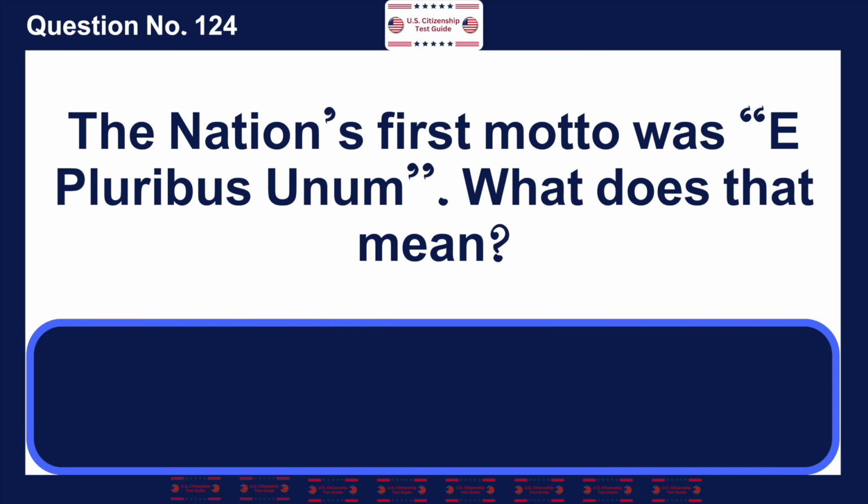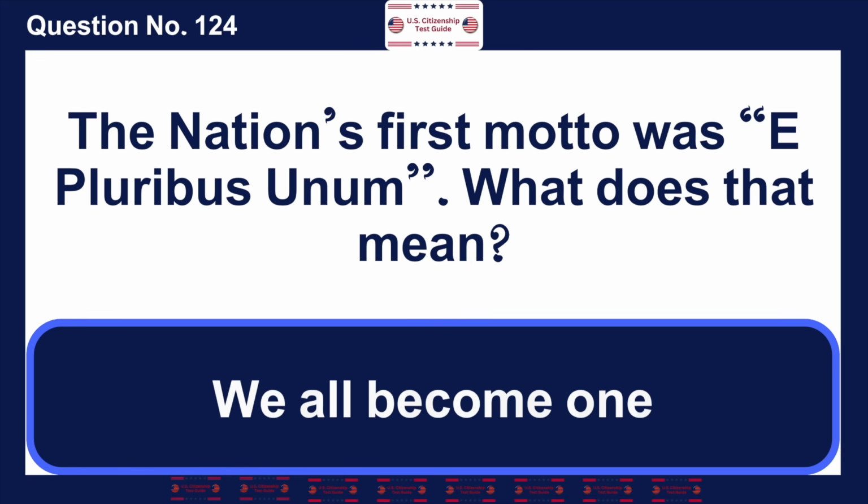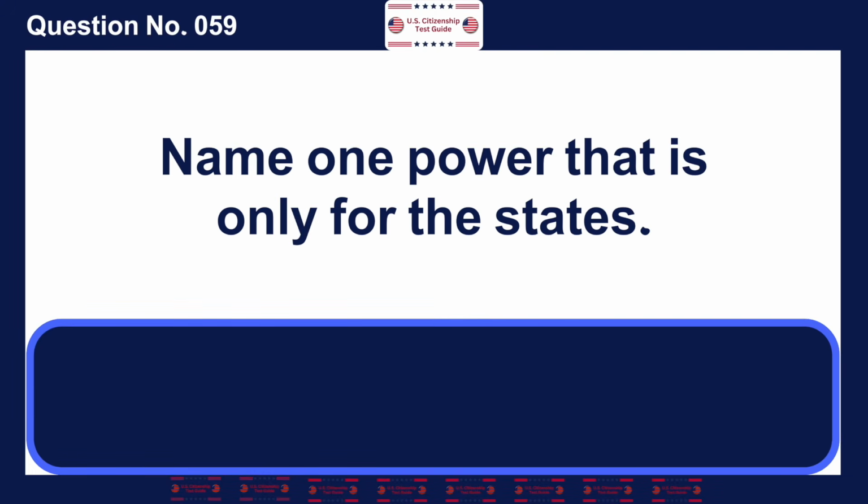The nation's first motto was, E pluribus unum. What does that mean? We all become one. Name one power that is only for the states.